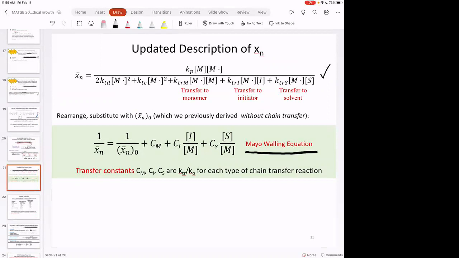This is going to be really useful because we can figure out now what the x bar n is given what the x bar n0 would have been. That's without chain transfer, and we have an equation for that. And then we have these things, which are just called chain transfer constants. There are lots of tables of chain transfer constants.